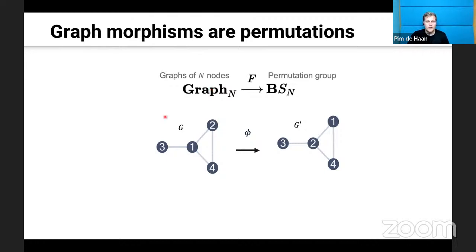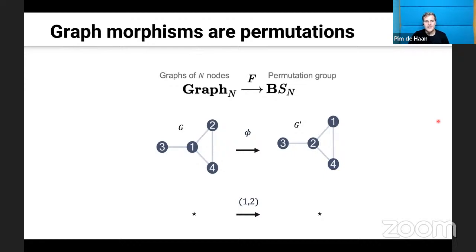So if we have these two graphs and we have an isomorphism between them, then we can basically relate this to a permutation, namely the permutation of 4 objects where we swap the first and the second object. And this is functorial, meaning that there's a functor from the graphs with n nodes to the permutation group of n objects.